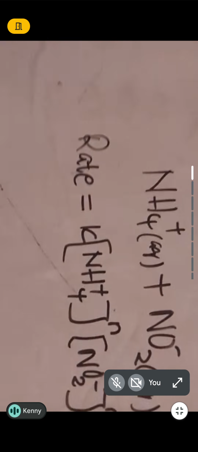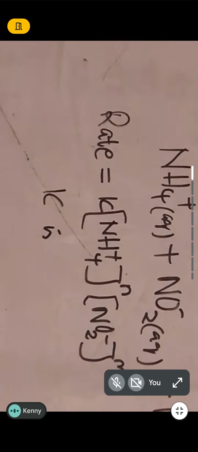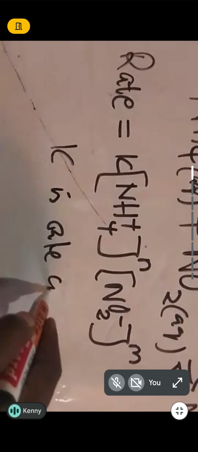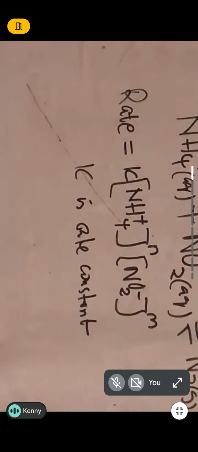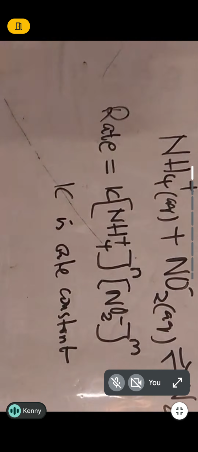So k is the rate constant, which is determined by experiment.